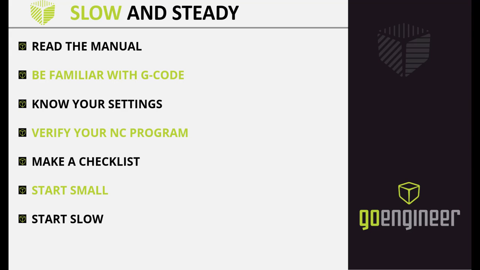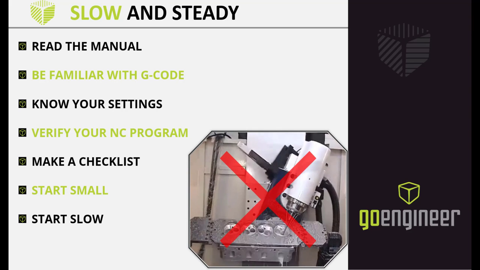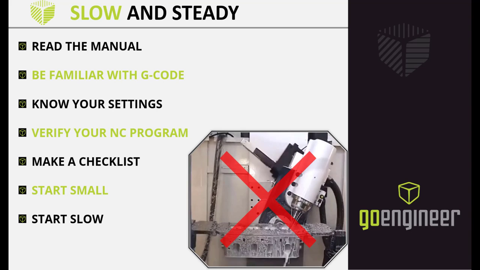Make a checklist of tasks that need to be done prior to running a program and cross them off as you go. Tasks such as whether the correct tool is loaded in the correct station number, or setting your work and tool length offsets. Start small. It is not recommended that for your first project, you attempt to port the intake and exhaust manifolds of your wife's car.